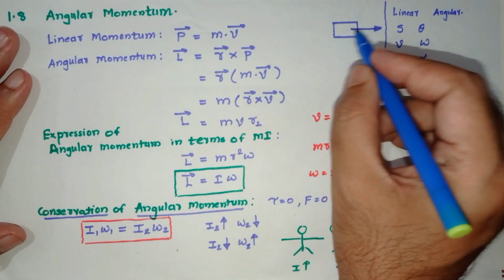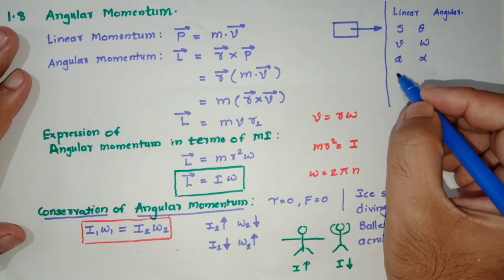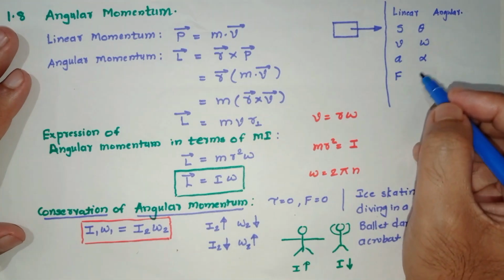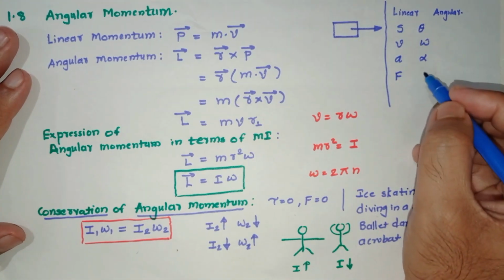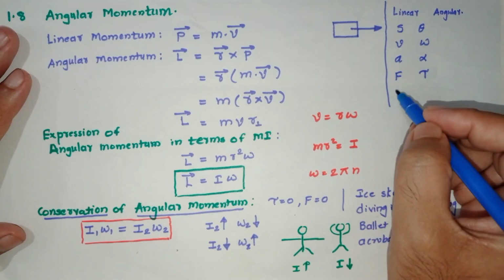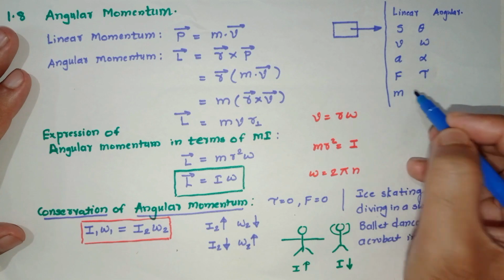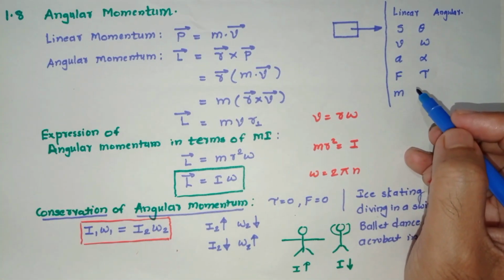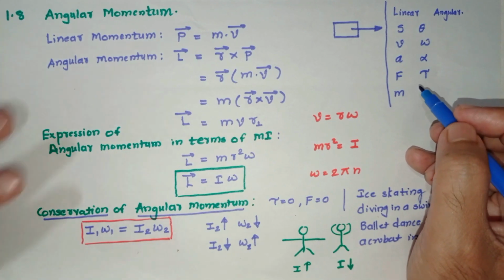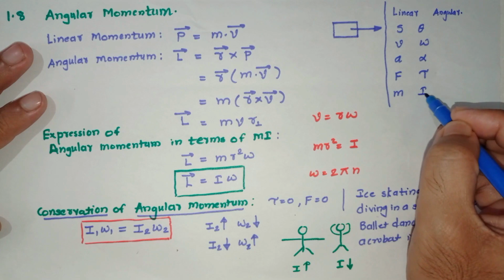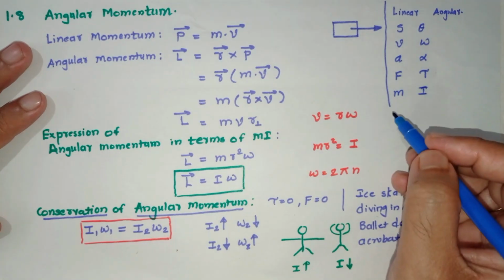To make an object move in a linear path, force is required. To make rotational motion, it is torque. In linear motion, the mass of the object is m. This is analogous to moment of inertia in rotational motion.